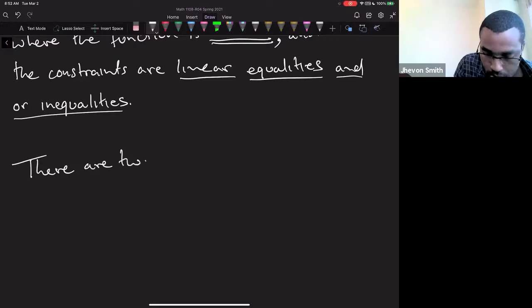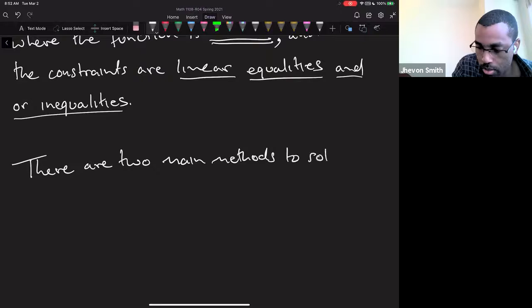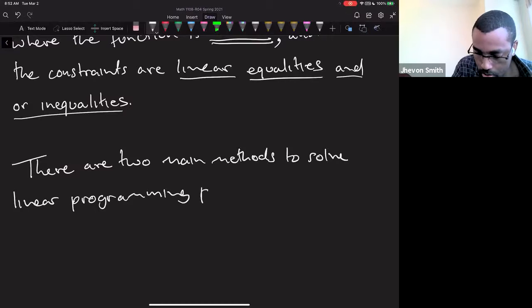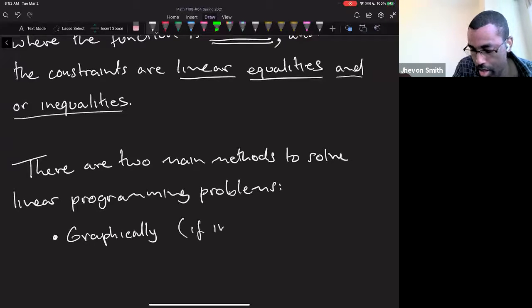there are two main methods to solve linear programming problems. One, there's something called graphically, if in 2 dimensions.